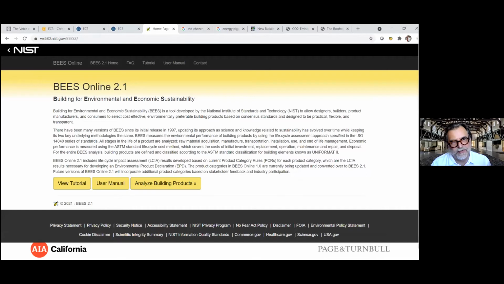BEES is the Building for Environmental and Economic Sustainability online tool, and it is by NIST, the National Institute of Standards and Technology. Free software, and I've been using this to compare things for a while. Like I said, I tended to use version 2, but it's gotten older.